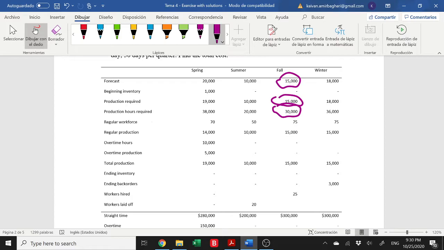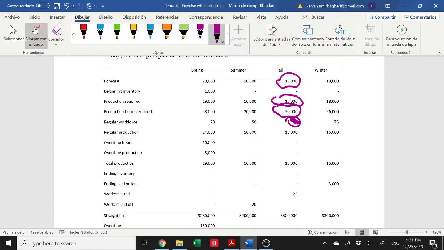Why? Because as we discussed, the productivity is 0.5 worker hour, so the total production time is double the total production, that is 30,000. So again, I need to calculate how many workers I need in this part.